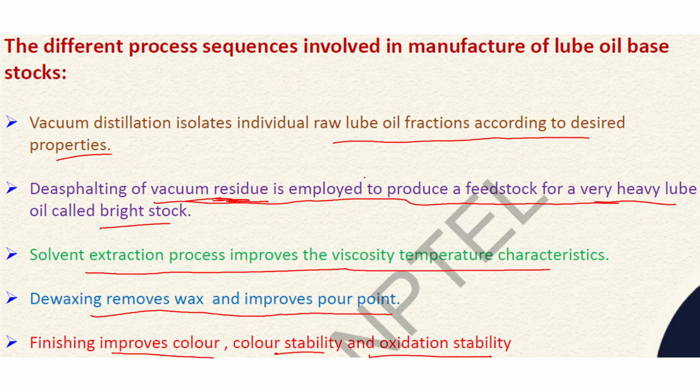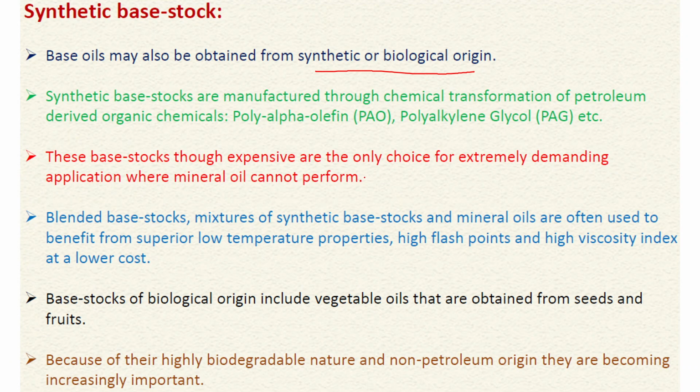That is, these mineral lube oils, after use, if they are discarded into the atmosphere, may cause pollution issues. Whereas the synthetic base stocks are mainly made from biological origin, which makes them biodegradable in nature.